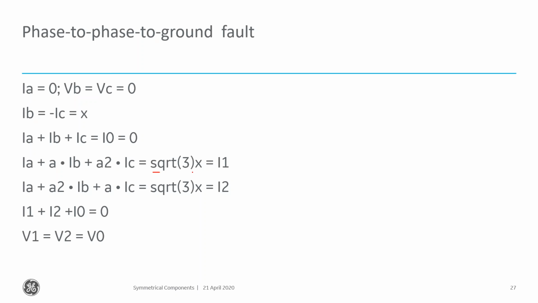We look at negative sequence current and negative sequence voltage. Positive sequence current and positive sequence voltage are the same as they were in the last example. The main thing is that they are equal.